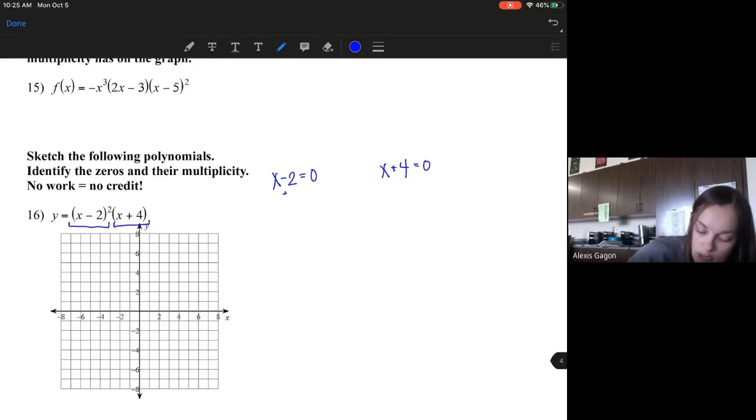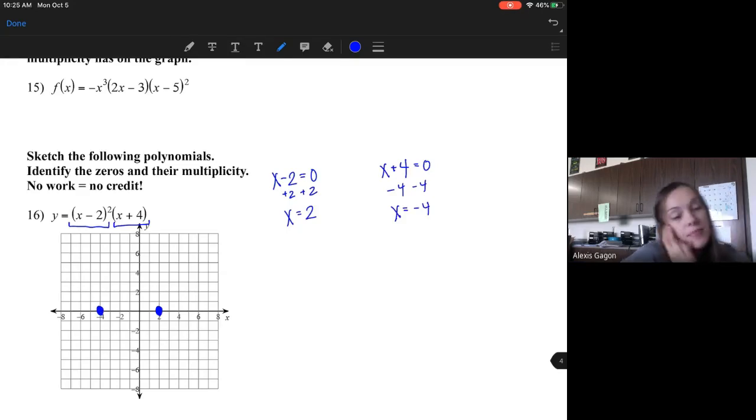Just solve these so I can add the 2 over, and I get x equals 2, which I can put on the graph right now. And then I can subtract the 4 over, and I get x equals negative 4. Okay. So then here, I need to find my multiplicities. So multiplicity is really just the exponent power.